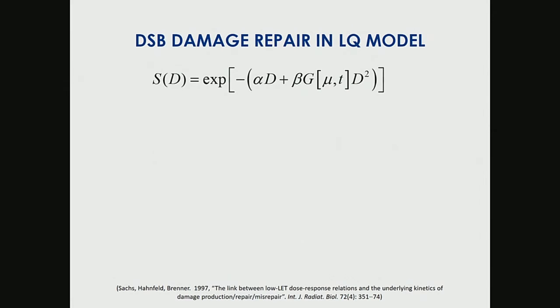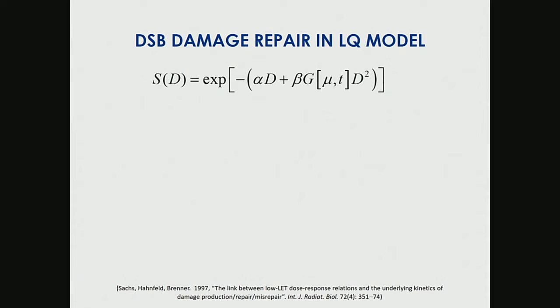Now, the one-track damages, you cannot do anything about. But with the two-track damages, if they occur at two different times, then there is a chance one of the damages can be repaired, which may prevent the fate of a cell going to a mitotic death.